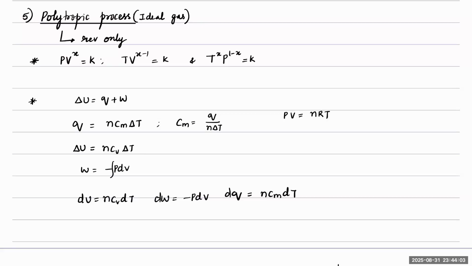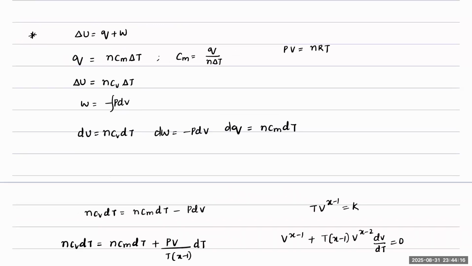Work done is equal to minus P into dV, and since it is reversible, P external will be equal to P. Okay. So, for example, if there is any small change in the internal energy, and work done is given as minus P into dV, dq is given as n Cm into dT.